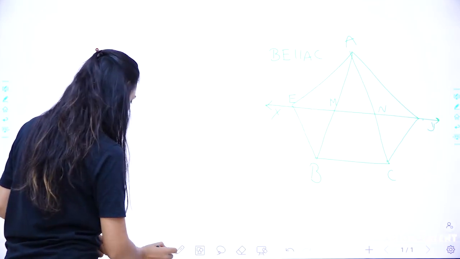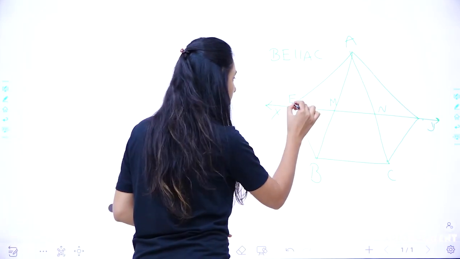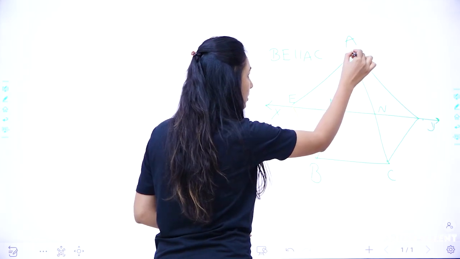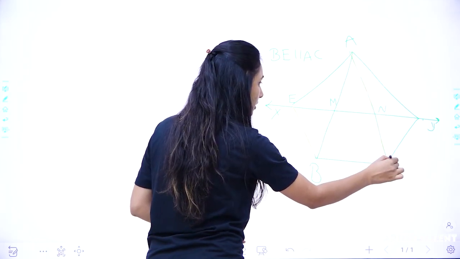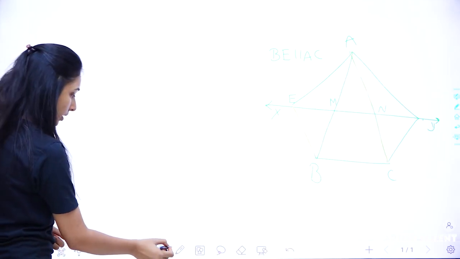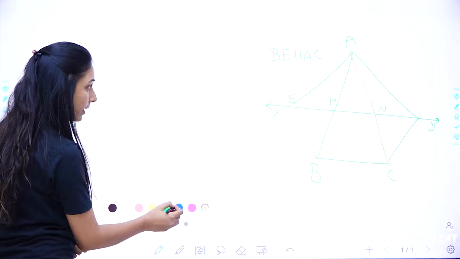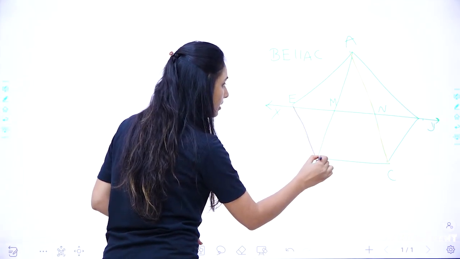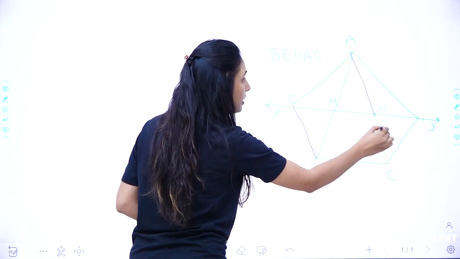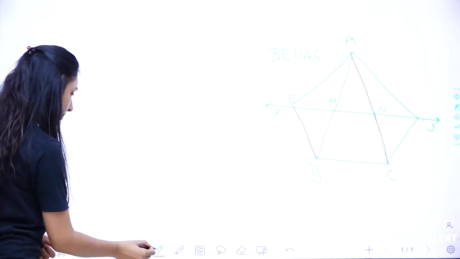So we have these two sides parallel to each other. This is given to us. Should I use a different color, students? So this EB is parallel to this AC.